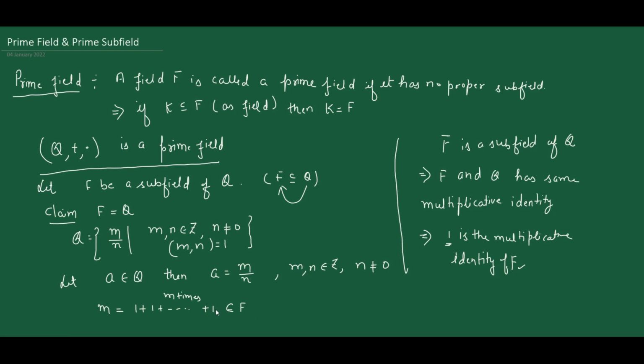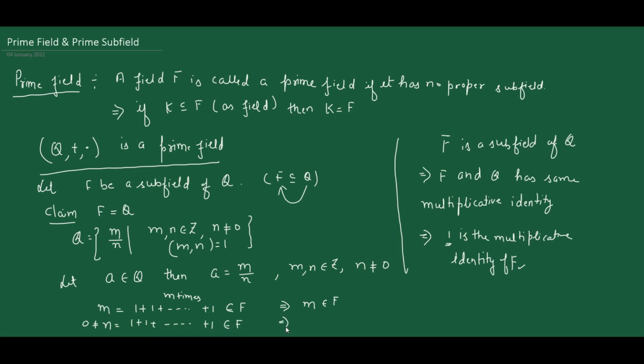So 1 plus 1 plus 1 belongs to F. So this implies m belongs to F. Similarly, n is a non-zero integer, and this is also 1 plus 1 plus 1 plus 1, which again belongs to F.